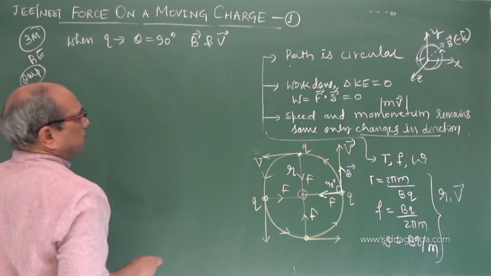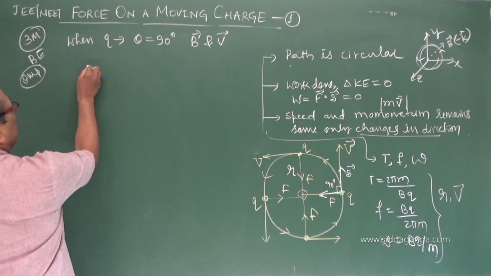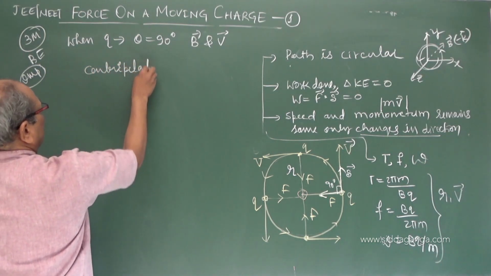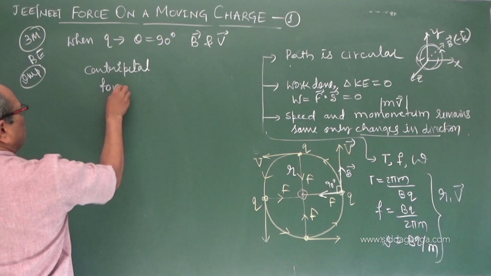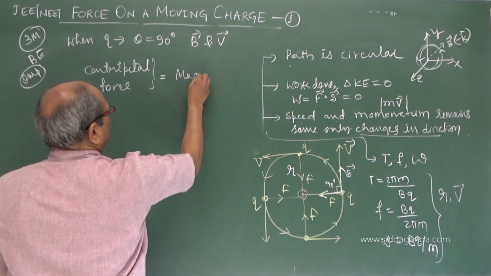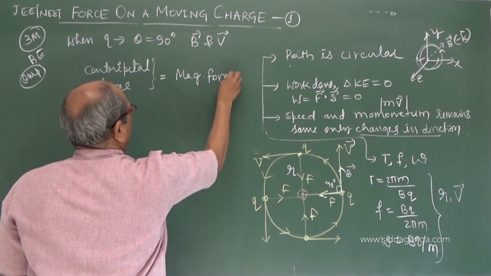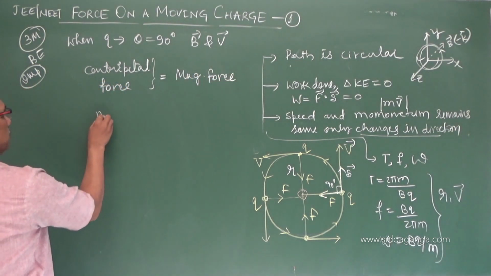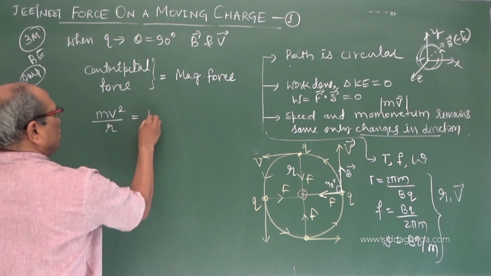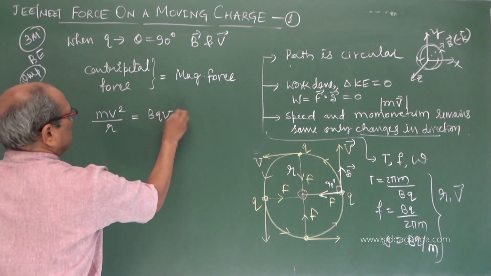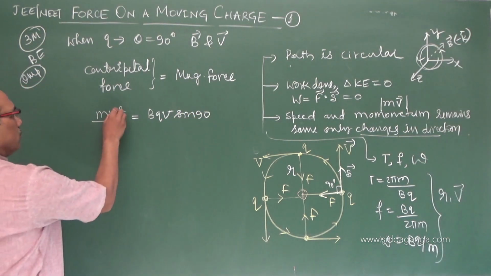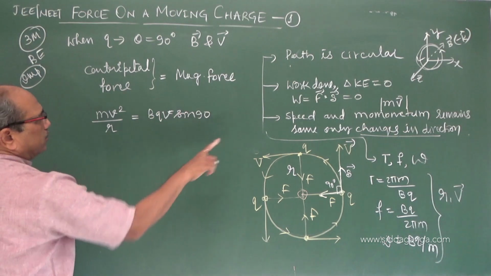The necessary centripetal force to describe this circle is provided by the magnetic force. Centripetal force mv square by r is equal to Bqv sin 90, and sin 90 you remember.